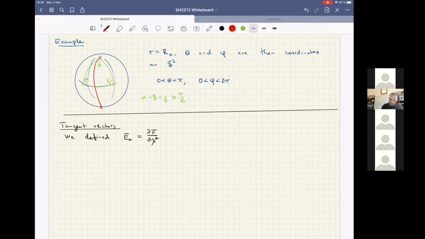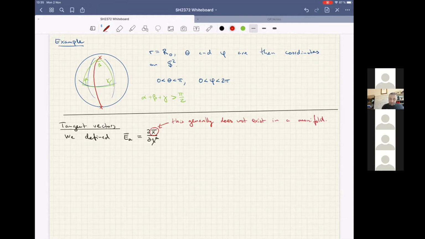So this generally does not exist in a manifold. So we need to do something else in order to define vectors.